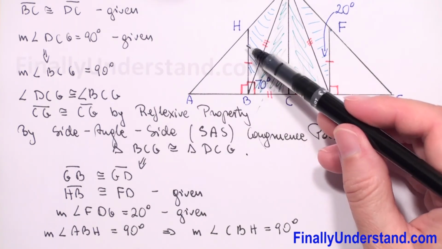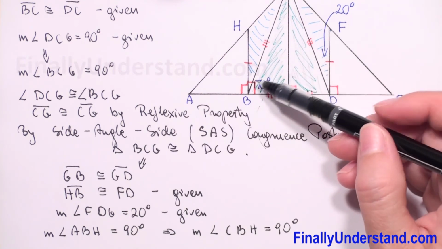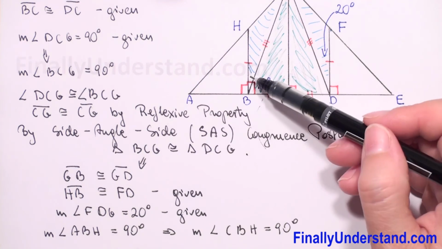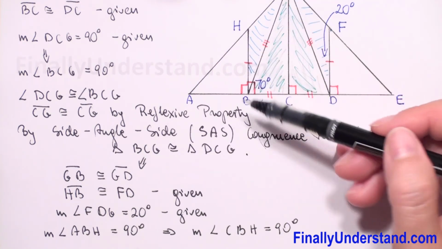Because we are given that angle CBG has 70 degrees, if we subtract angle CBG from angle CBH, we will have the measure of angle GBH.